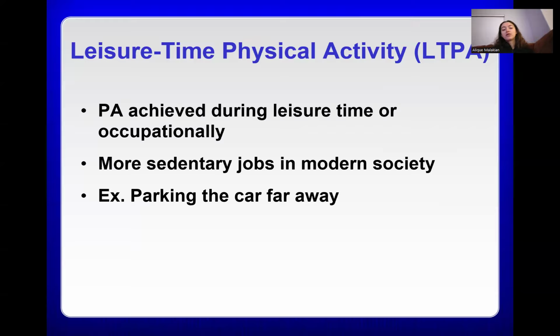However, there are a lot more sedentary jobs in modern society nowadays, so it's actually a lot more difficult for people to meet certain guidelines for physical activity because of this reason. And here I refer back to the example of parking the car far away.